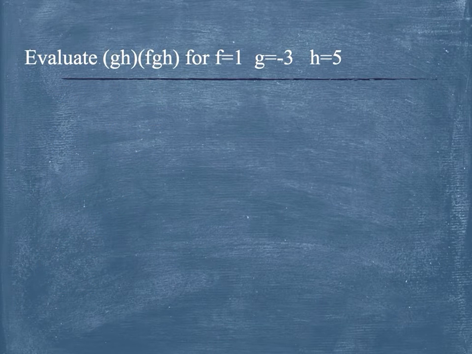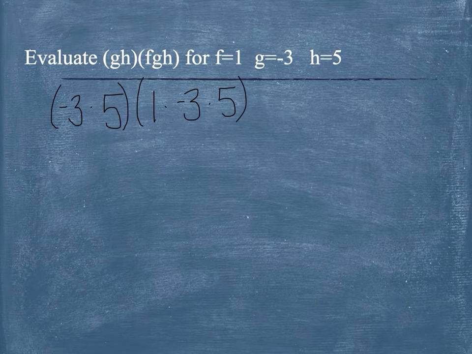Here we can evaluate F G H for F equals 1, G equals negative 3, and H equals negative 5. So here we can go negative 3 times negative 5 times 1 times negative 3 times negative 5. Well, negative 3 times negative 5 is 15.